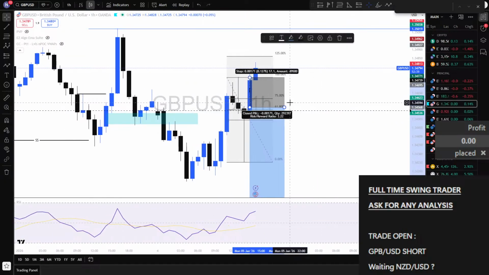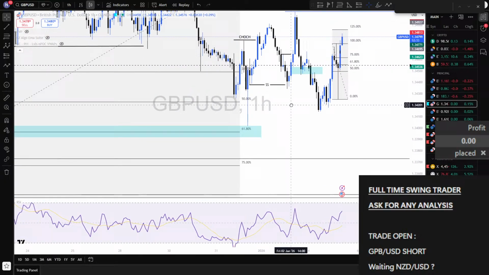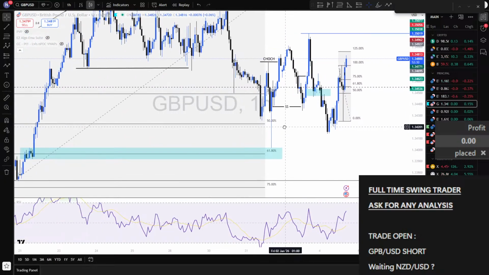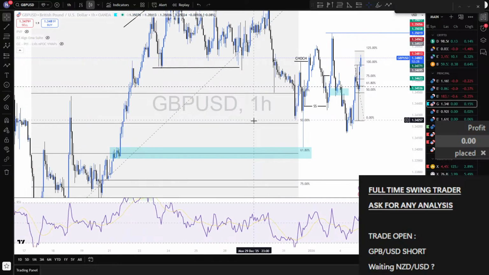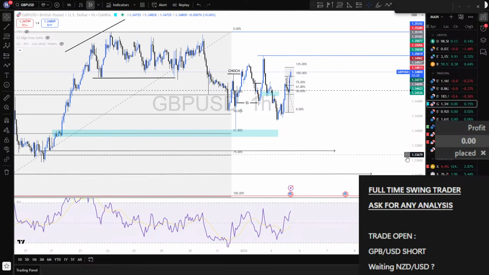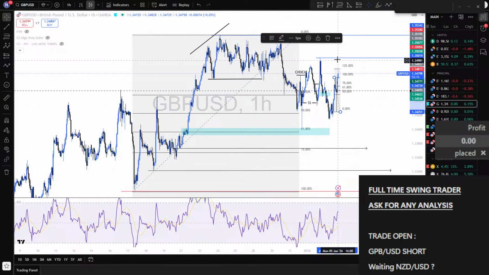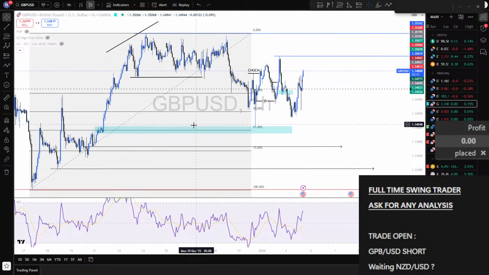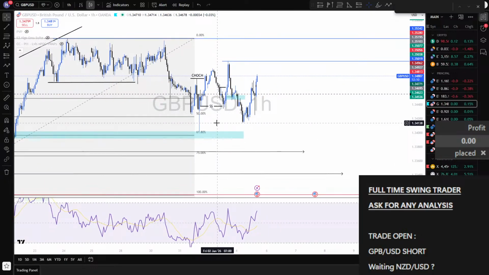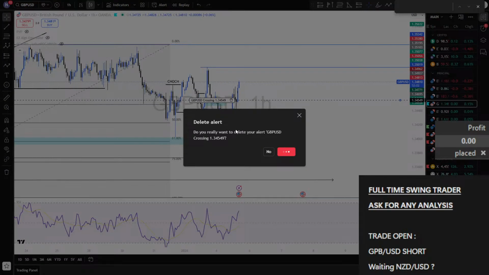So I had this stopped, and now GBP was supposed to clean a lot of this, which it did. But in easing and this, what's your take on GBP USD?